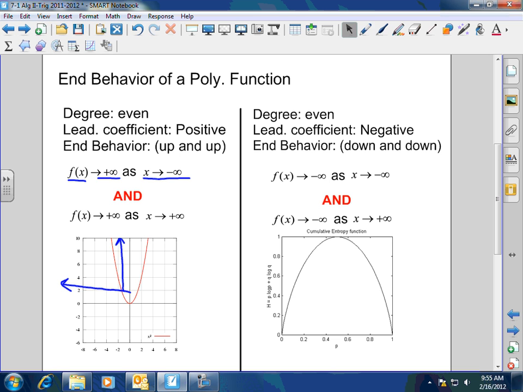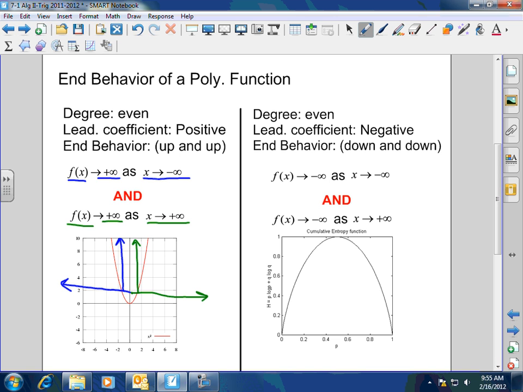But what's happening on the other side? As x is increasing, what's happening to my y? It's also increasing. So the f of x, y values increase as the x values increase.